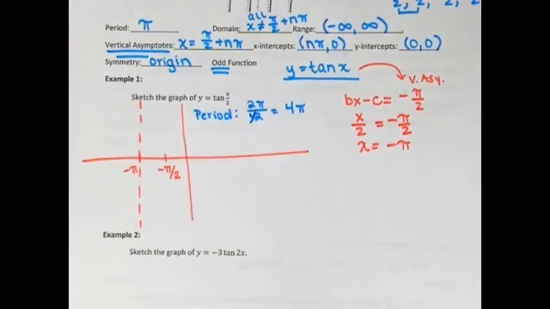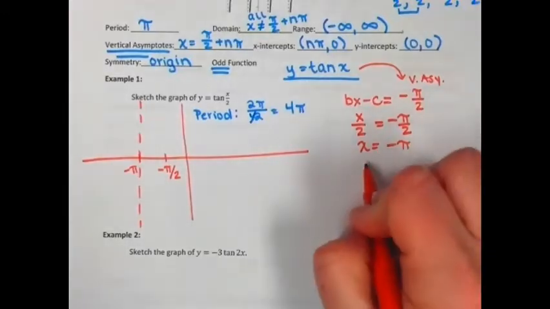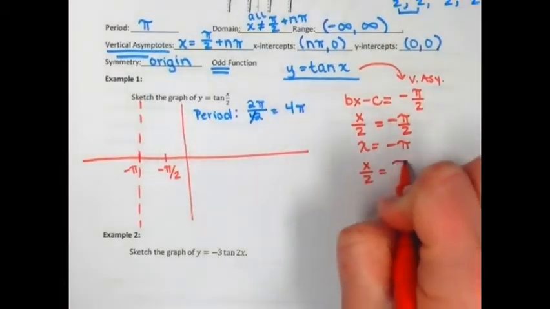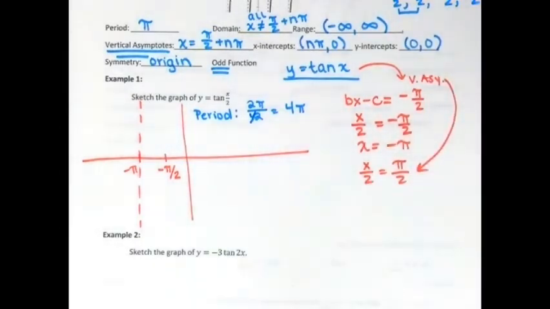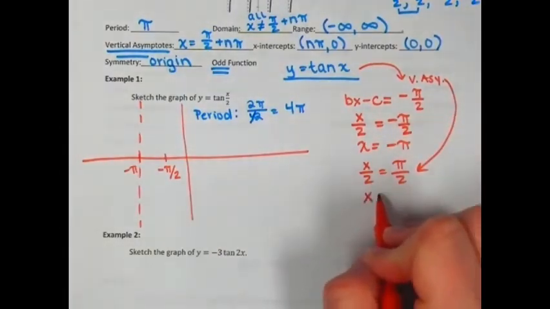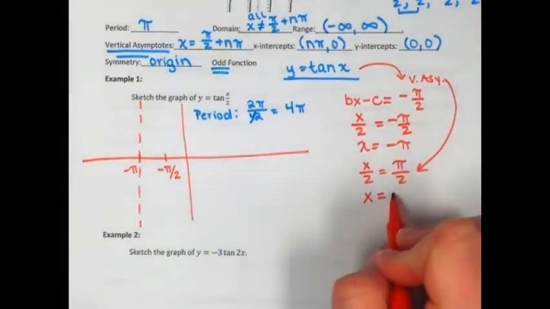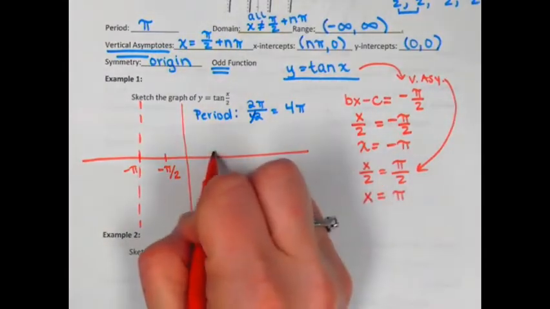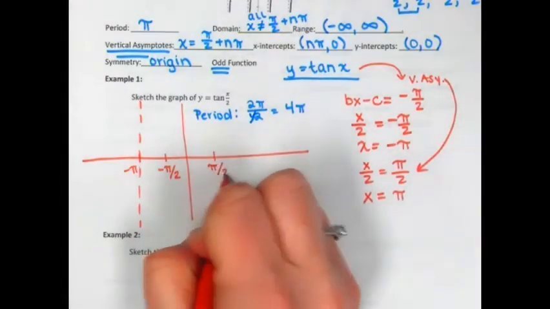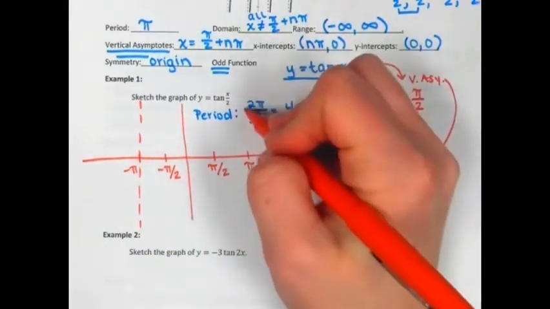Now, where's my next vertical asymptote? Isn't it a positive pi over 2? So can we set x over 2 equal to positive pi over 2? Then our other vertical asymptote is at what? Pi. We have another vertical asymptote here at pi.